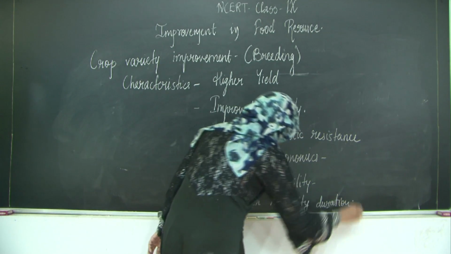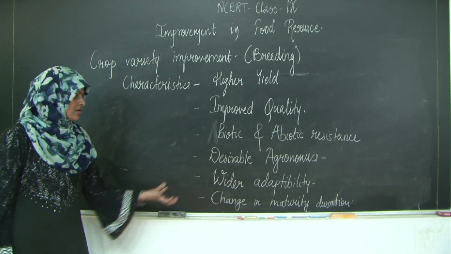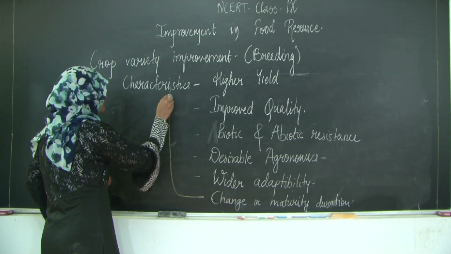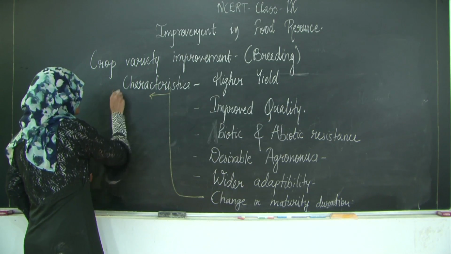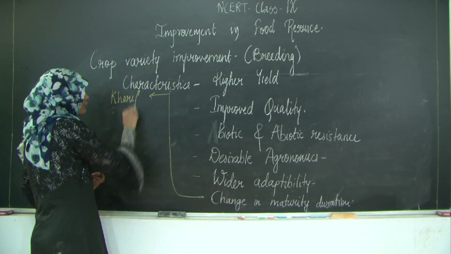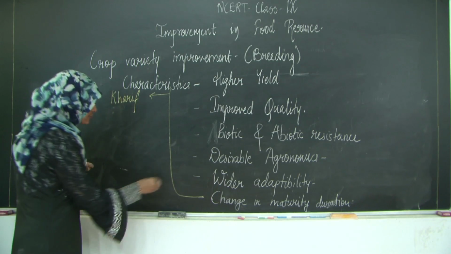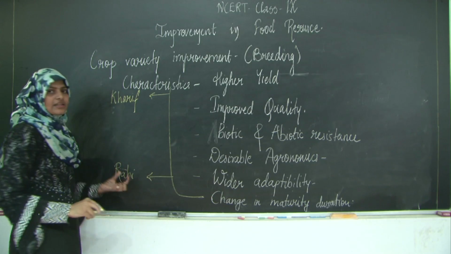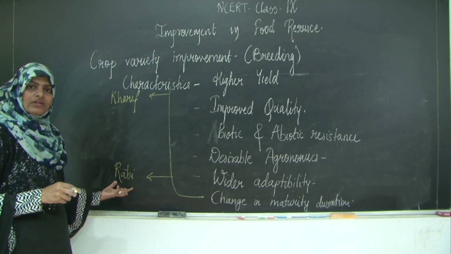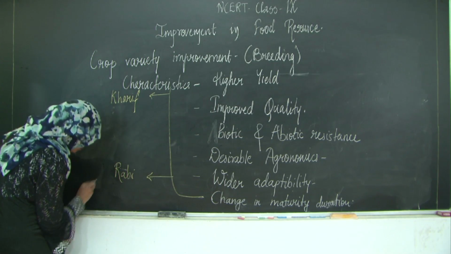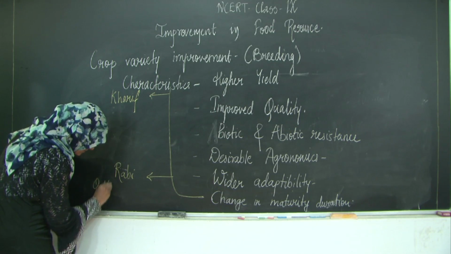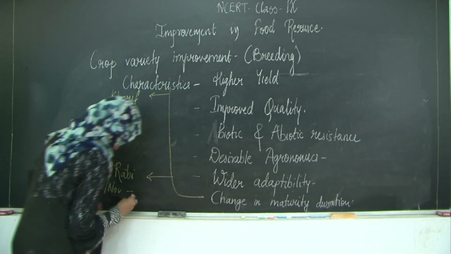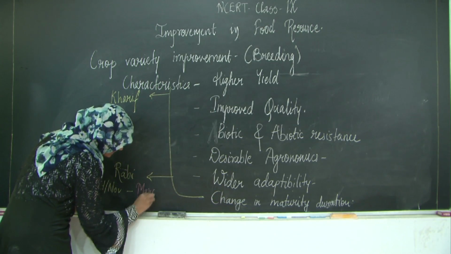Now this change in maturity duration, we will understand by reading about your Kharif and Rabi crops. We all have studied about these Kharif crops and Rabi crops. What are these? The Rabi crops are grown in October or November and harvested in March or April.